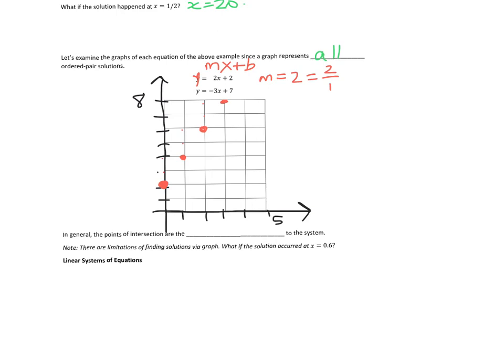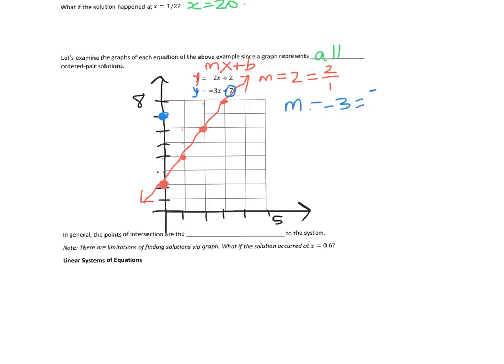All right, so this line in red represents all ordered pair solutions, hopefully yours is straighter, to y equals 2x plus 2. Let's do the same thing for our second line. I'll do it in blue. So we start at the y-intercept, which is 7. 1, 2, 3, 4, 5, 6, 7. And now our m is -3.